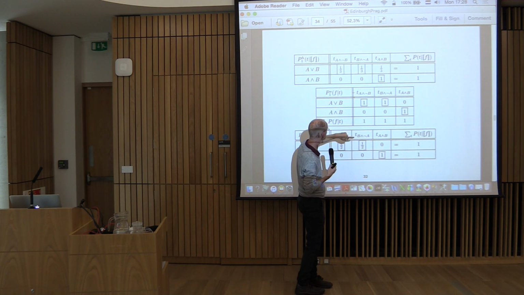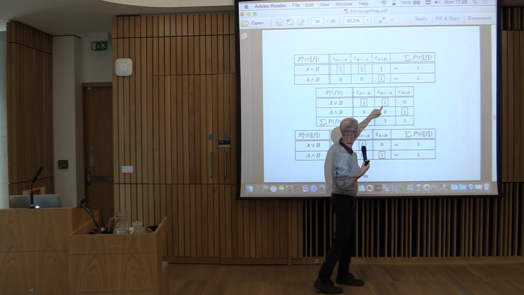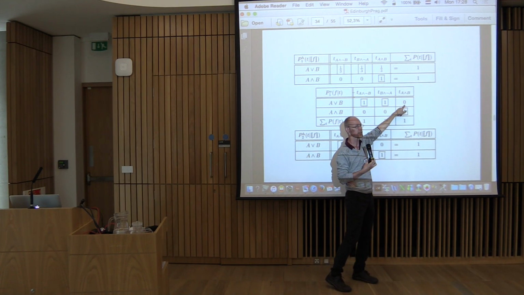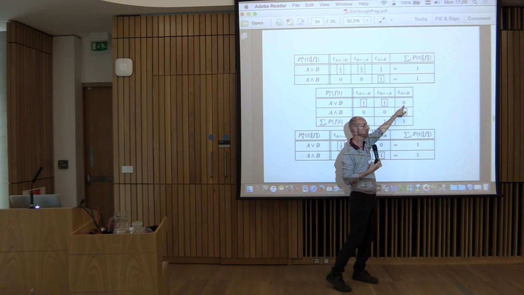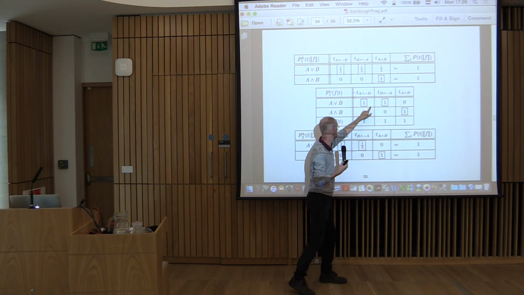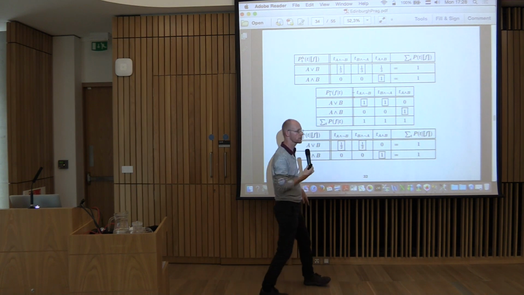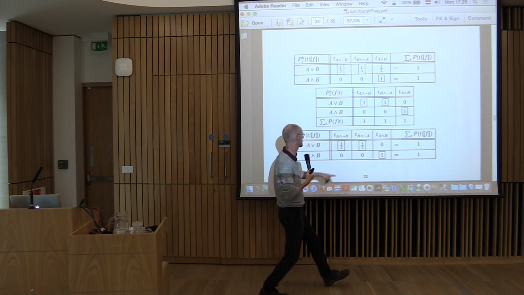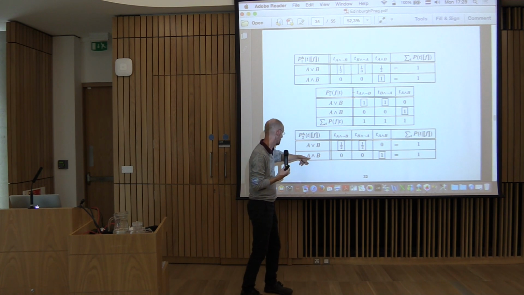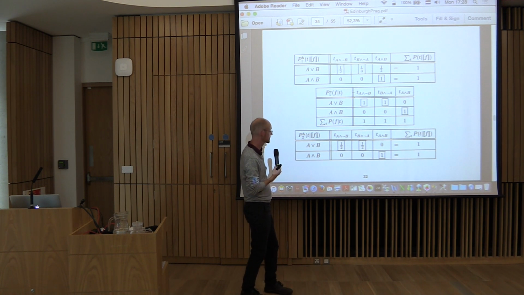If he hears A or B, well, these are both possible, but this one is not possible anymore, because if you were in this situation, you should have sent not A or B, but A and B, right? But those two are still possible, so they both have a probability of half. But in this situation, you will send A and B, so that's the only one.